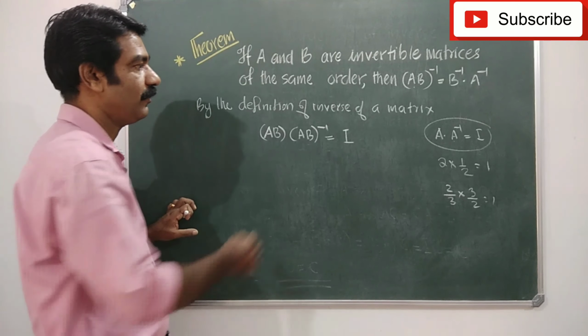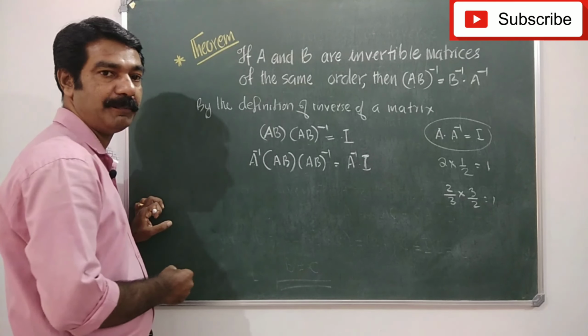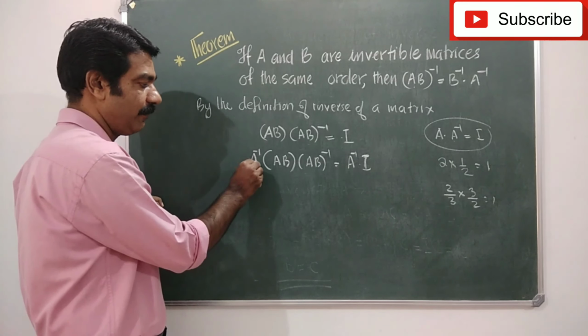Remember that we are multiplying at the beginning, that means pre-multiplying. So A inverse into AB into AB inverse is equal to A inverse into I. On both sides, we are pre-multiplying with A inverse.